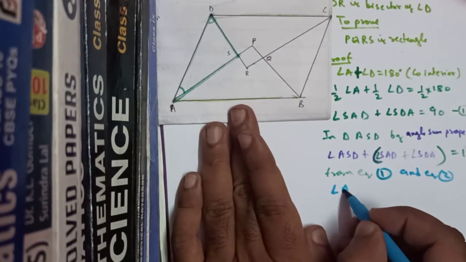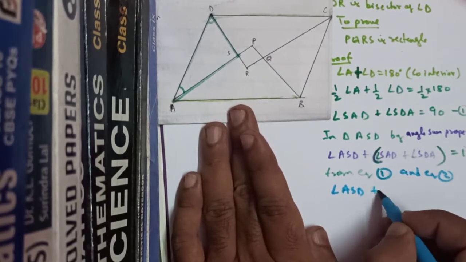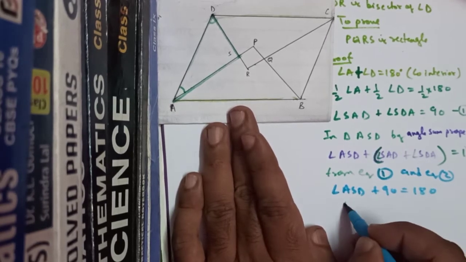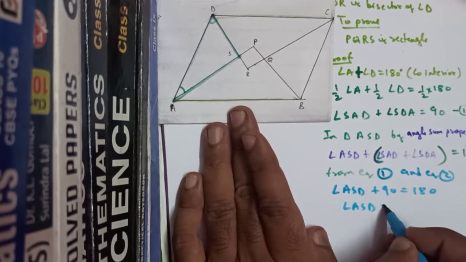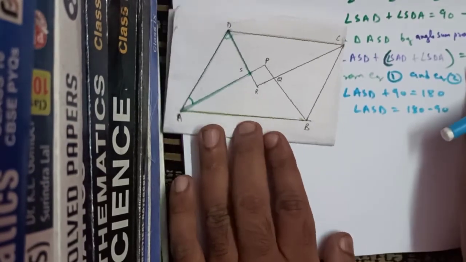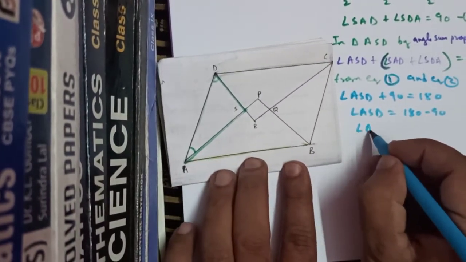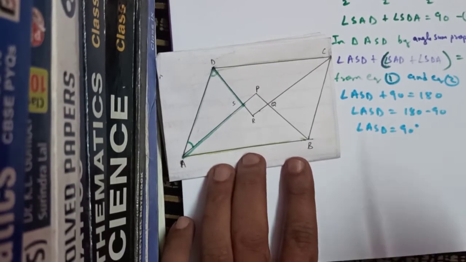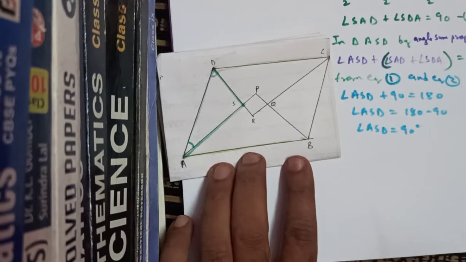So angle ASD plus 90 equals 180. So angle ASD equals 180 minus 90. So angle ASD is equal to 90 degrees.